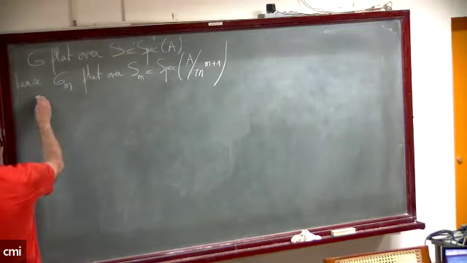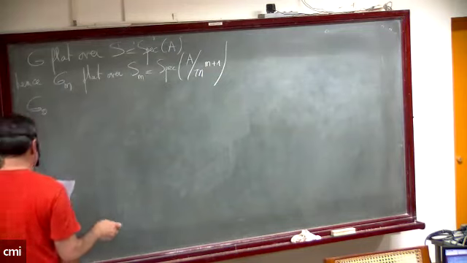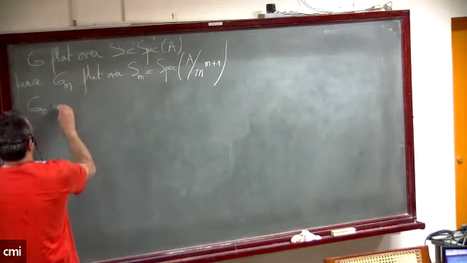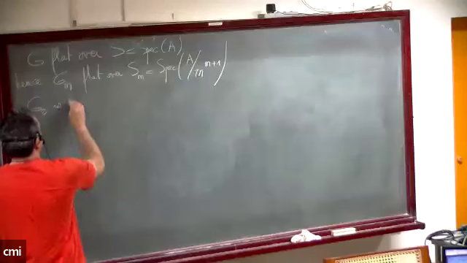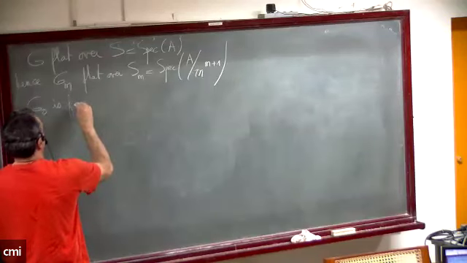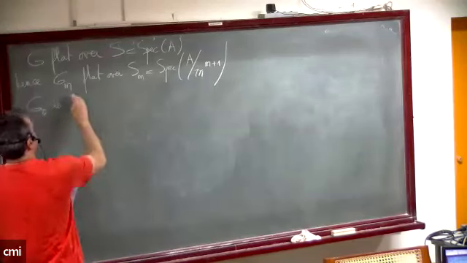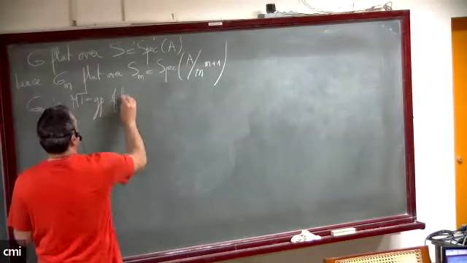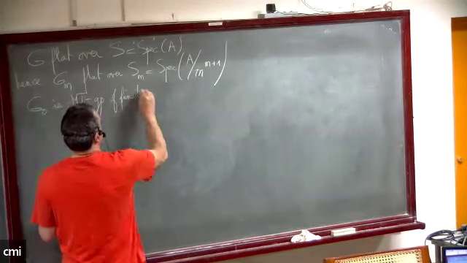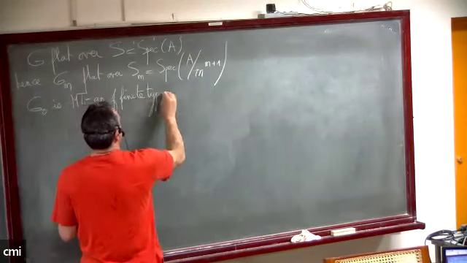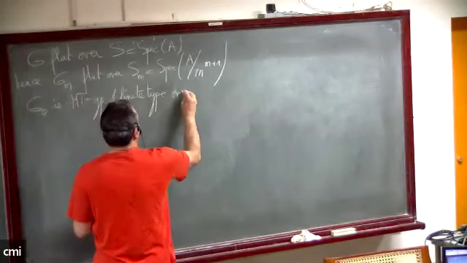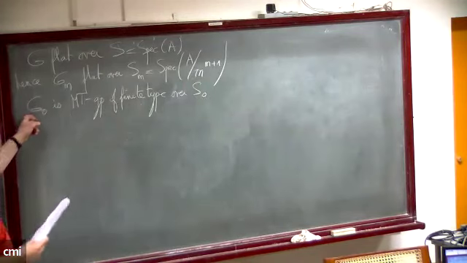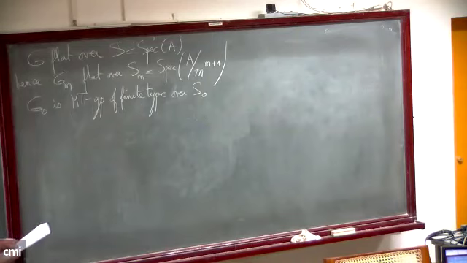And G0 is some group of finite type over S0, because that was the starting assumption.